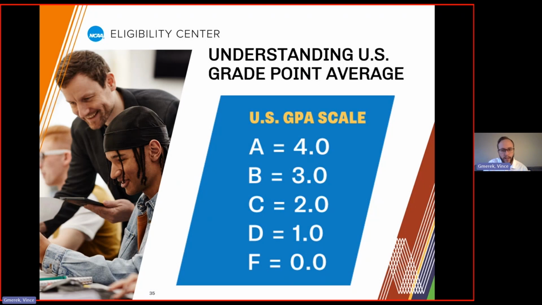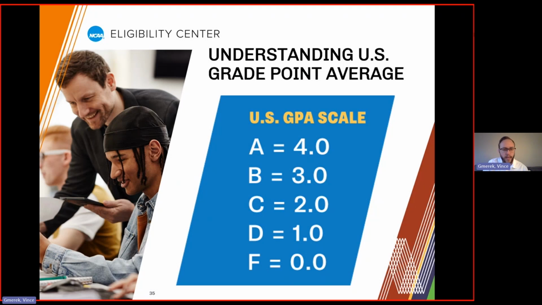A US grade of A gets the maximum GPA points in our system, and that is 4.0 points. You'll see that a US B converts to 3.0 GPA points. C is 2.0, D is 1.0, and F is 0.0.